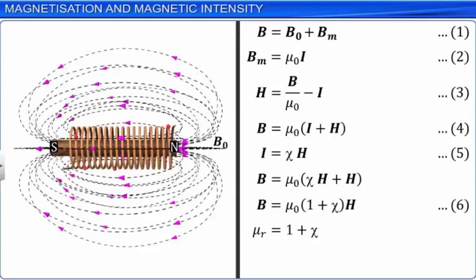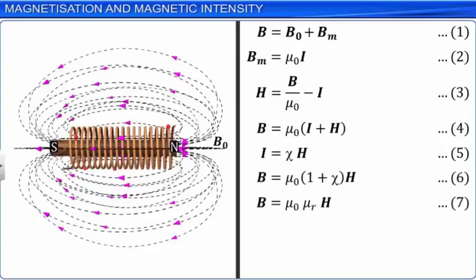On substituting the magnetic permeability of the material mu in equation 7, we get the magnetic field as B = mu H. Let this be equation 8. The three quantities, magnetic susceptibility, magnetic permeability, and relative magnetic permeability, are related to each other, and only one of them is independent. If one of these values is given, the other two values can be determined easily.